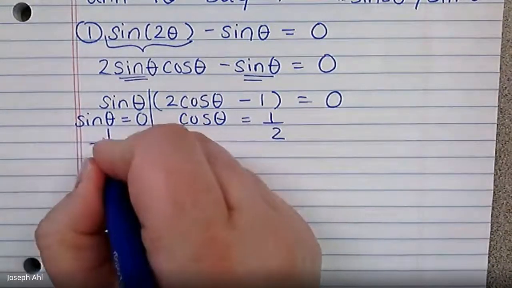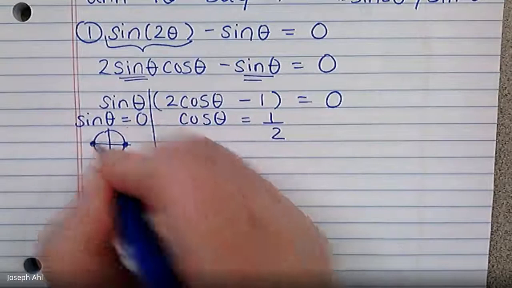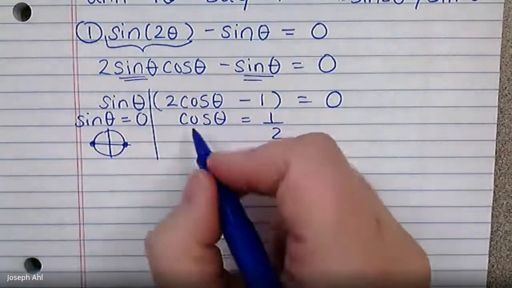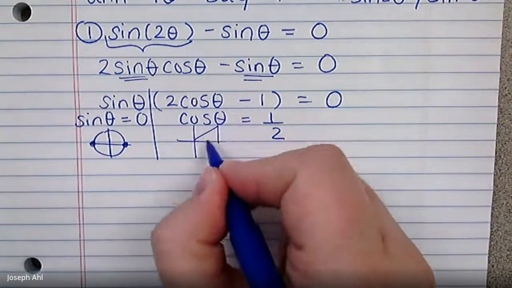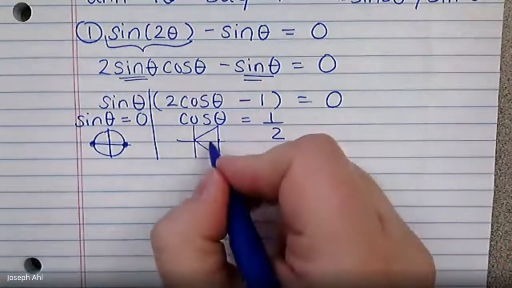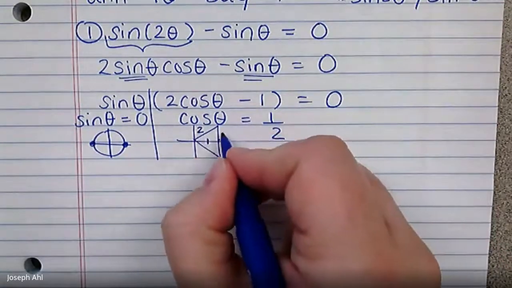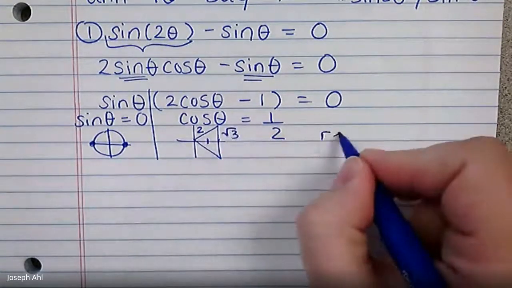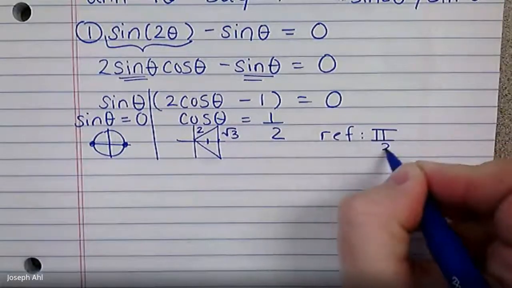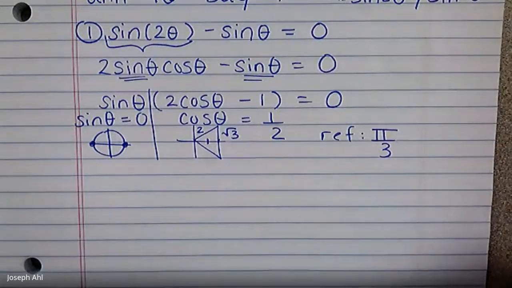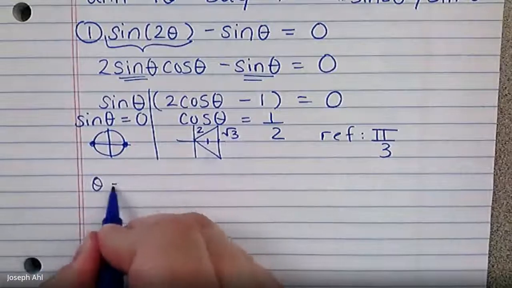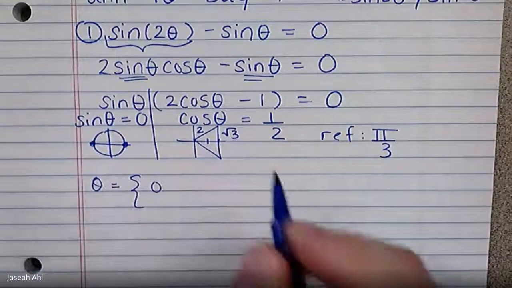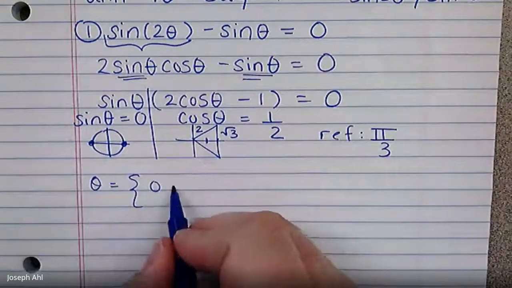Sine theta equals 0, we know from the unit circle where the y value is 0, here and here. Cos theta equals 1/2, where cosine is positive in 1 and 4. Adjacent of 1, hypotenuse of 2. So this is a reference that we're familiar with of pi over 3. So putting all the solutions together for theta, theta in the end equals 0 for our initial solution.